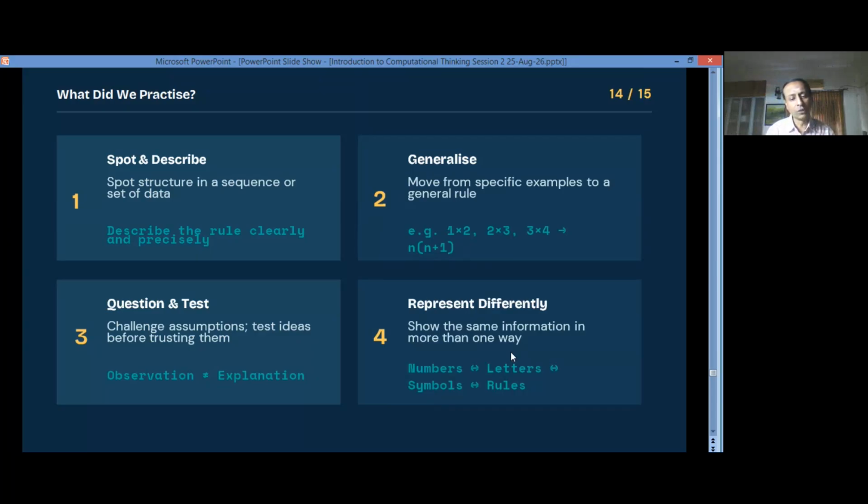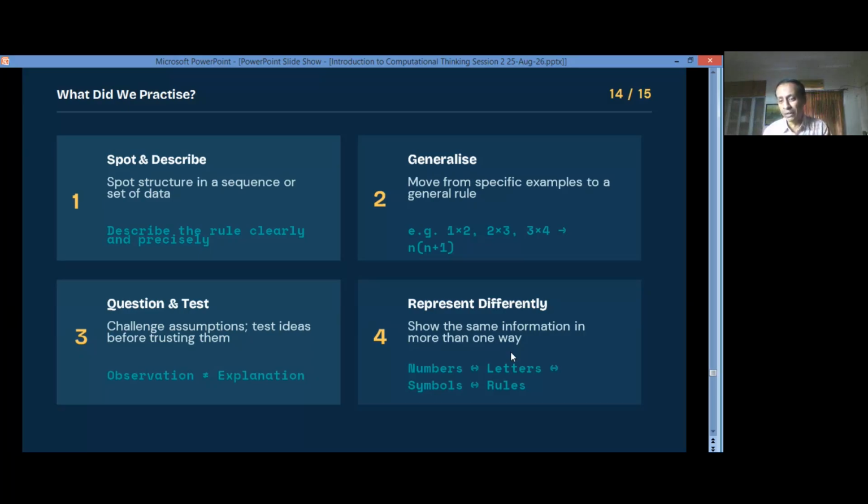And we also learned that given a set of numbers or a sequence, there are multiple ways in which the same initial sequence can be represented. Up to a certain point, the sequence could be the same.